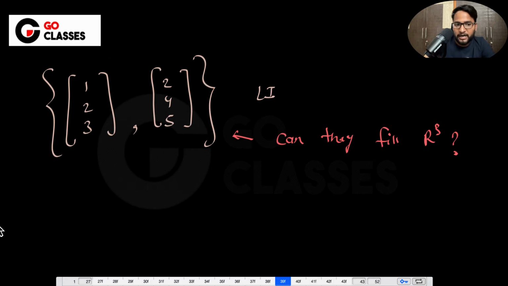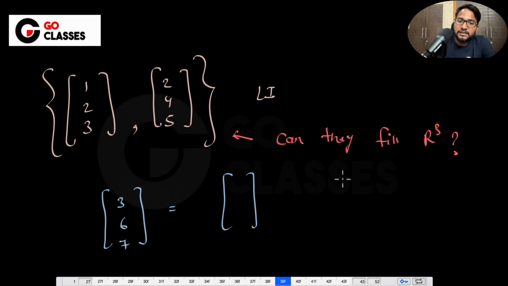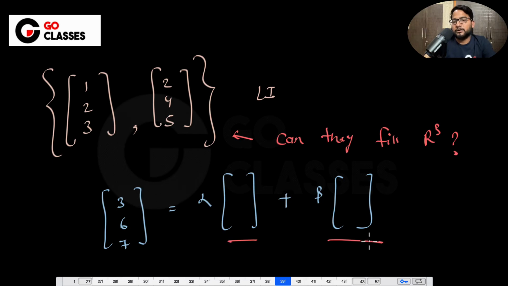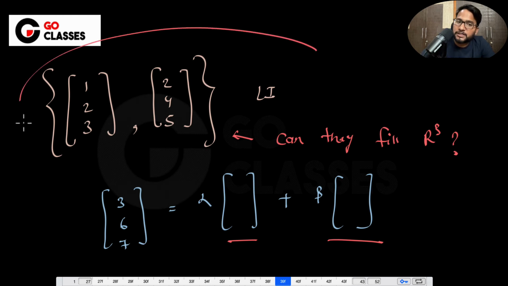Suppose one of the vectors is 3 6 7. It is not necessary that you always get that alpha and beta, which means it is not necessary that every vector can be represented as a linear combination of these two vectors. Why? Because they are not filling the space.